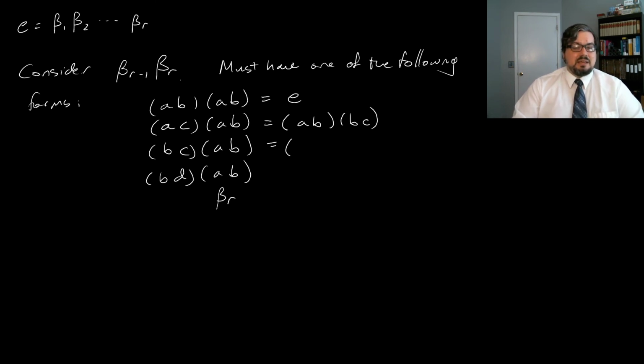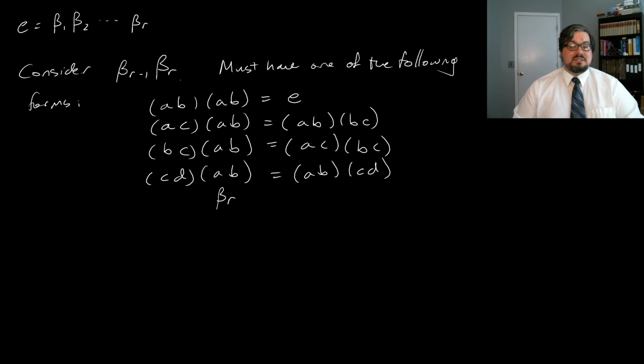BC times AB is the same thing as the product AC times BC. And then, I miswrote this last one. Sorry, that must have been confusing. CD times AB. And this one, we know that we can write this as AB times CD, and that's because these are two disjoint cycles.